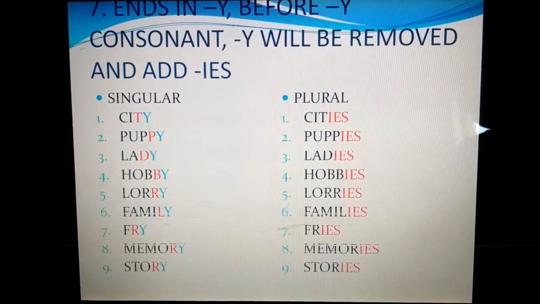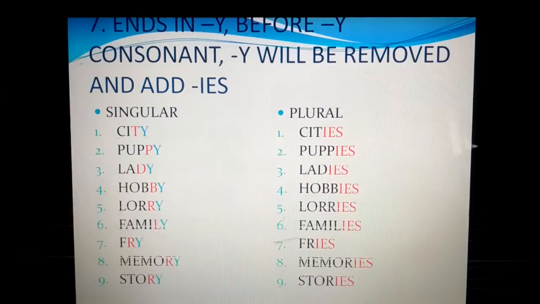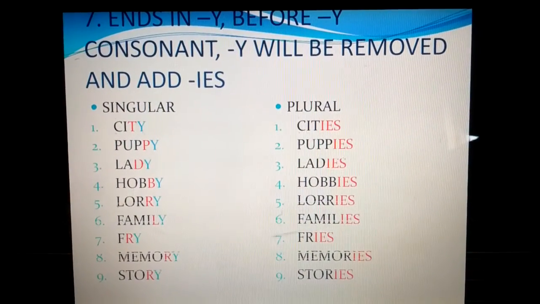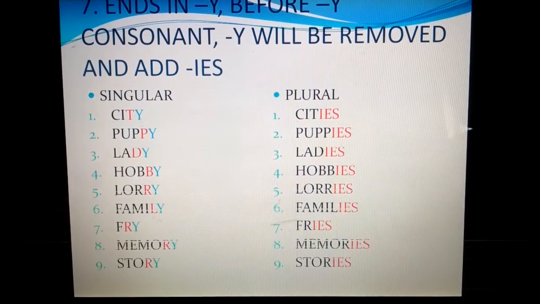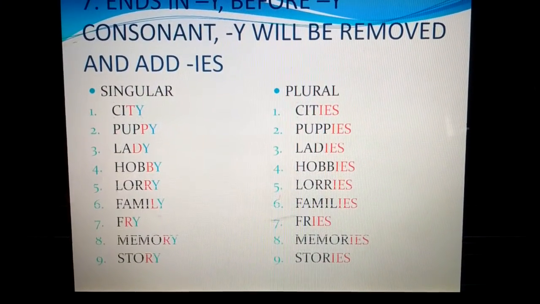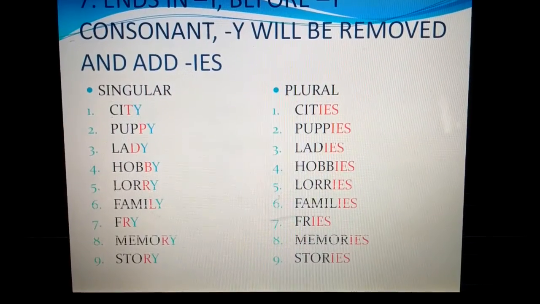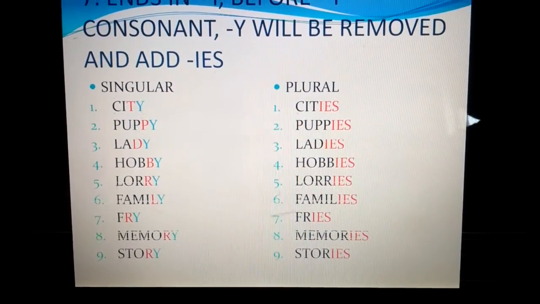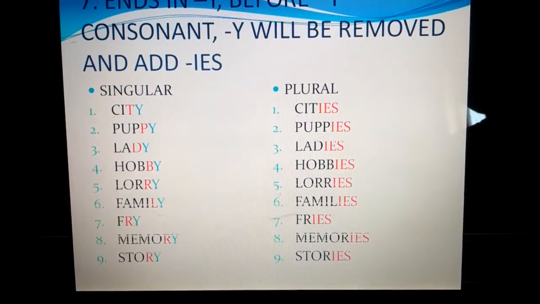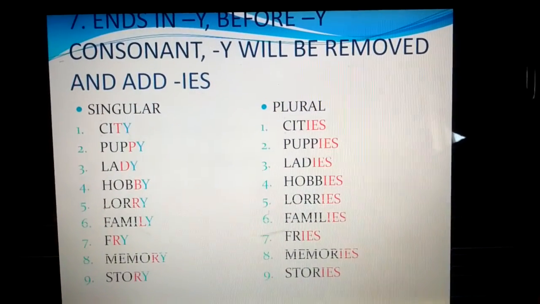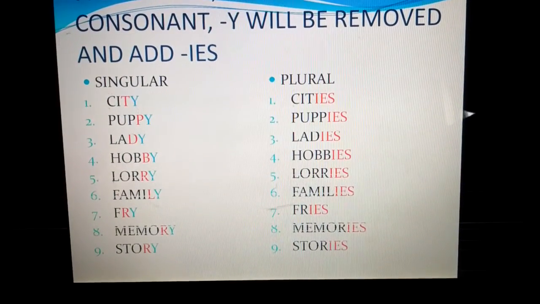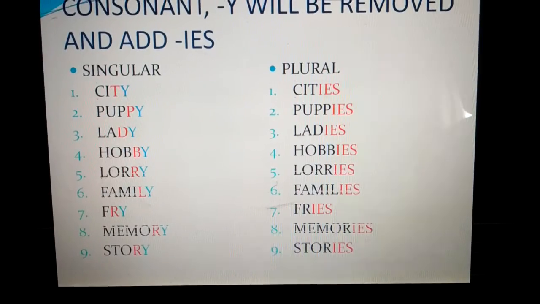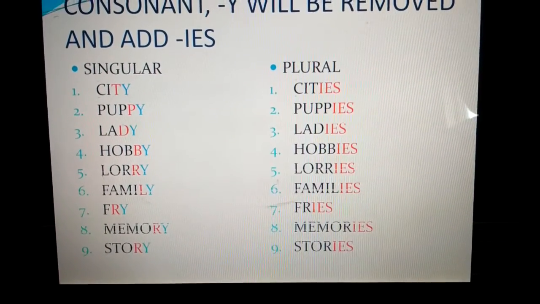Here also I have highlighted city ends in y, and before y there is the consonant t, and y will be removed, and in the place of y we have to add ies. So city, cities, y will be removed.